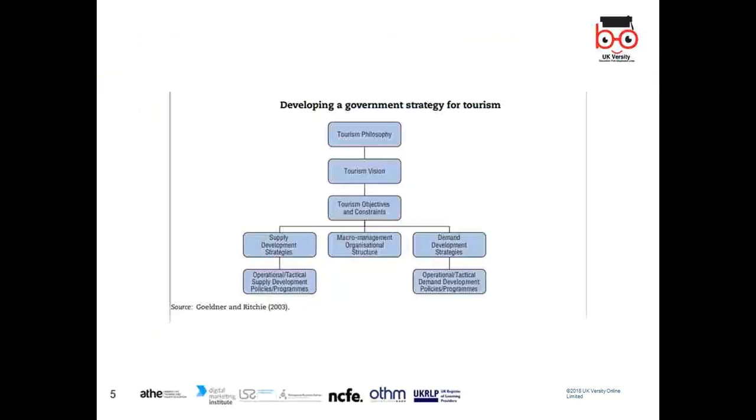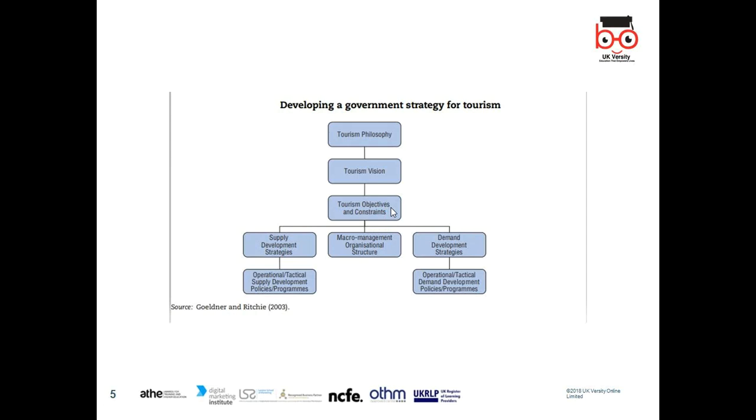Okay. Then developing a government strategy for tourism. We need tourism philosophies. We need to understand, and we need to develop a tourism vision, tourism objectives and constraints. What is meant by constraint?